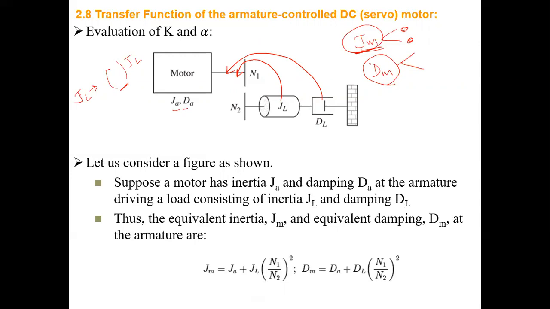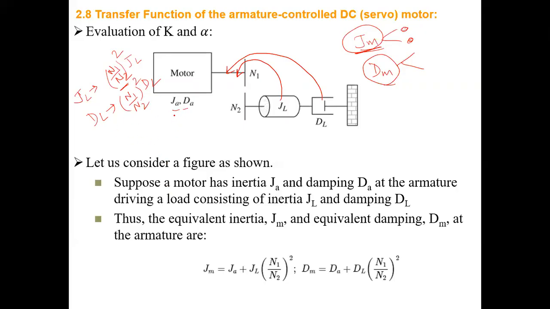It's driven over driver, right? So N1 over N2. Yeah. So destination over source. So what is your DL? The DL becomes, in the same way, N1 over N2 squared.